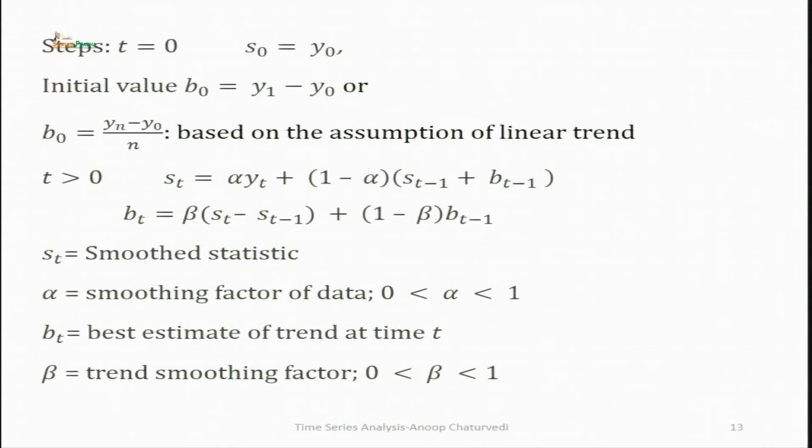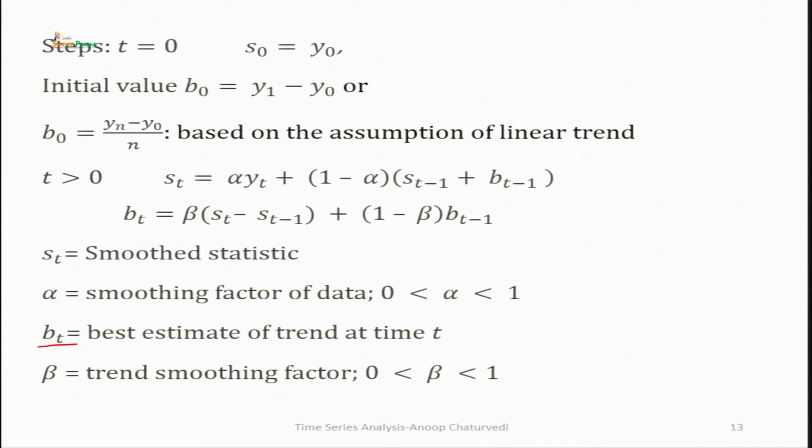We start from t equal to 0 and then you set S naught equal to y naught. Then here, apart from alpha, we are introducing another parameter B, and this parameter B varies with t, it depends on t, and actually B t is the best estimate of trend at time t.